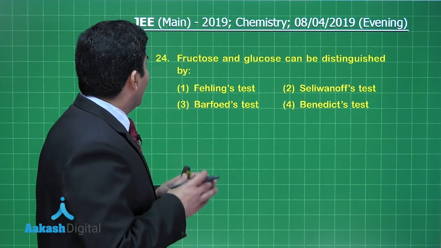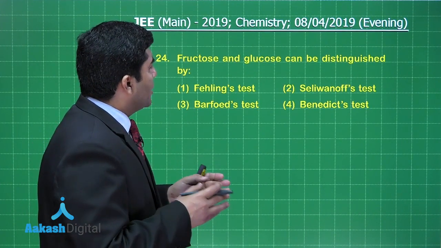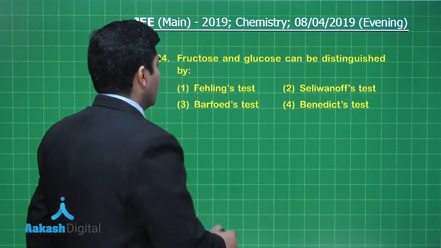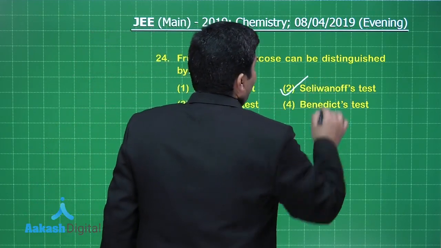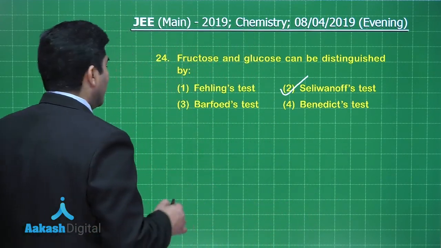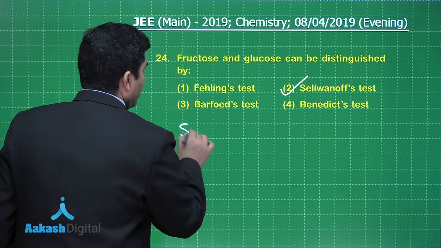In this question he is asking: fructose and glucose can be distinguished by. Now there is a test which is called the Selivanov test, and this test is used to distinguish between aldoses and ketoses.